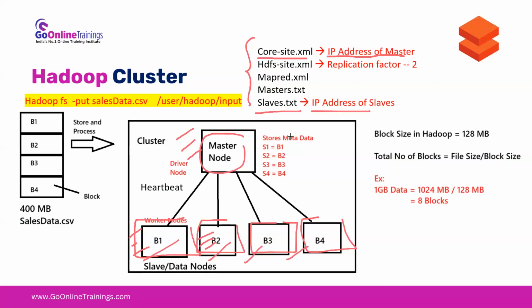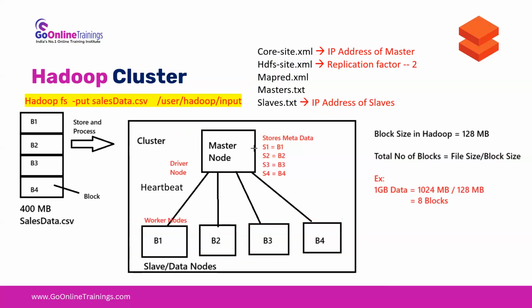So you will have a few XML files, a few TXT or CSV files, where you need to mention the IP address for the master. For example, you take one computer, open this file, and mention one IP address there. Whichever IP address you mention, that computer will be called the master machine. Clear? That is what you need to understand.